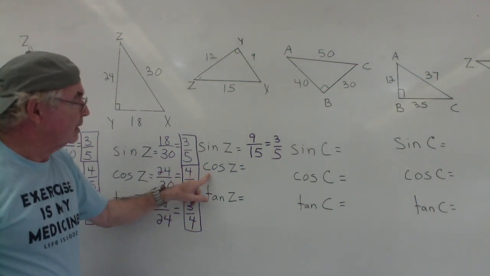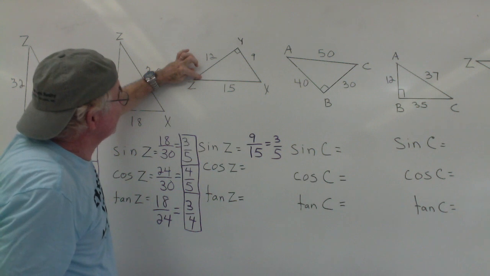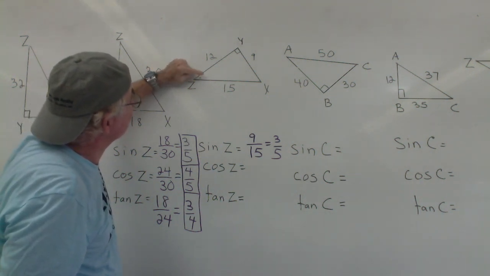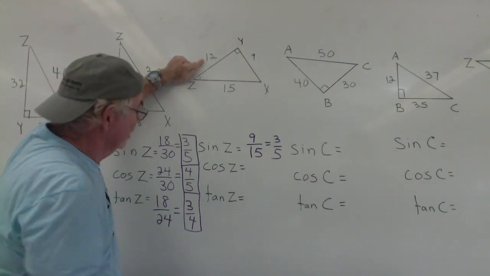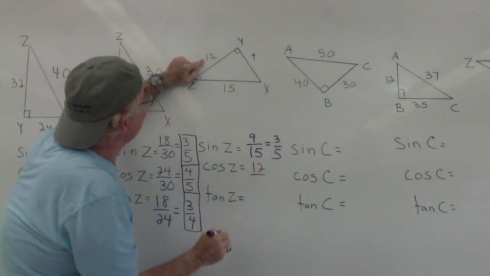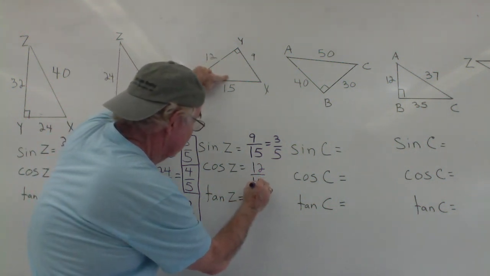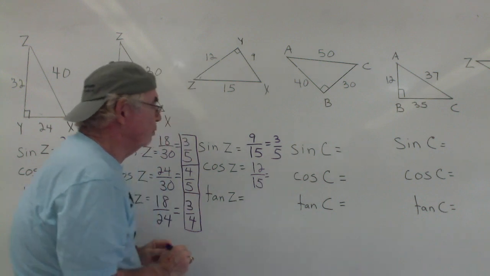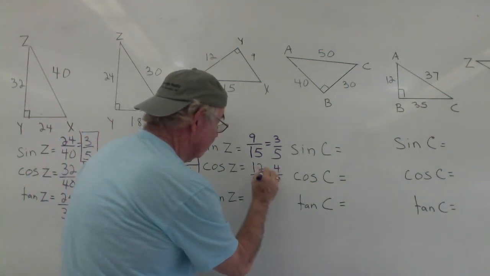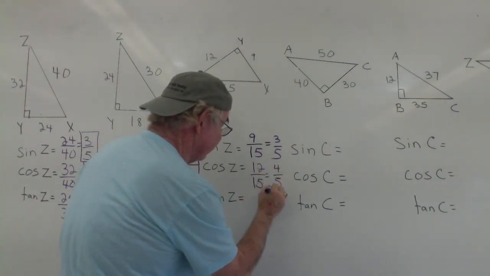The cosine. There's Z. Now what side is adjacent to Z? It's this one. It's touching it, right next to it. So it's 12 divided by the hypotenuse of 15, which is divisible by 3. 3 goes into 12 4 times, 3 goes into 15 5 times.